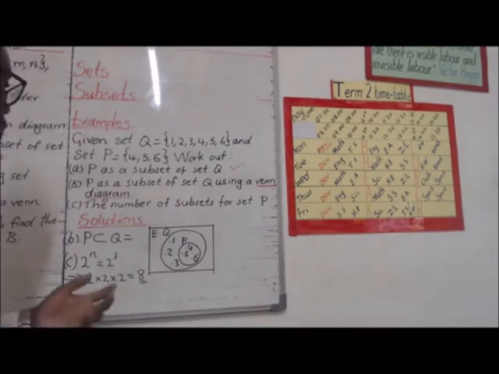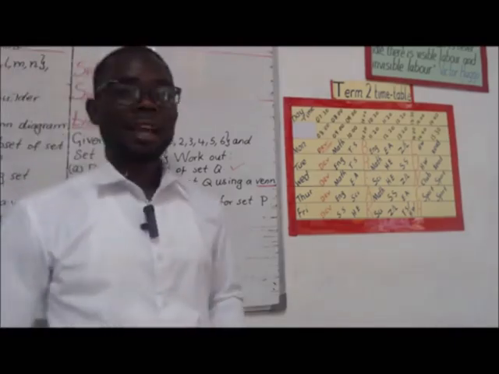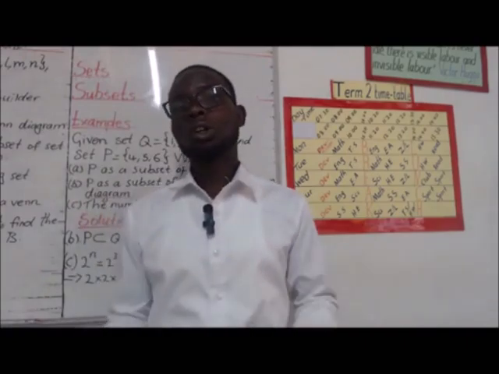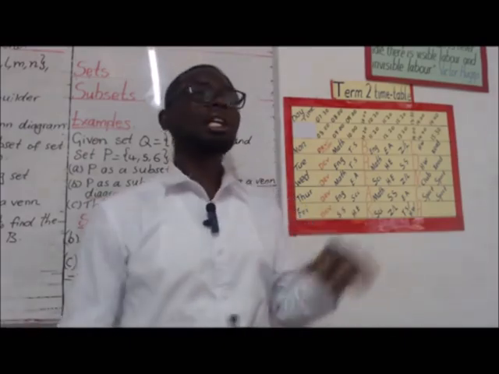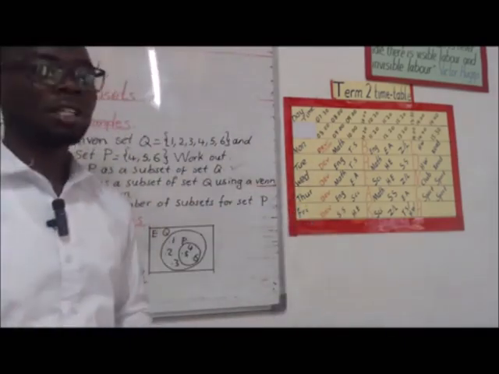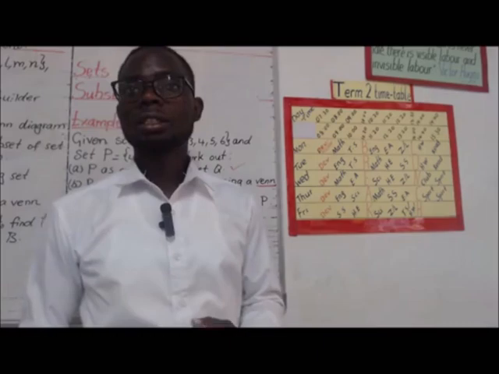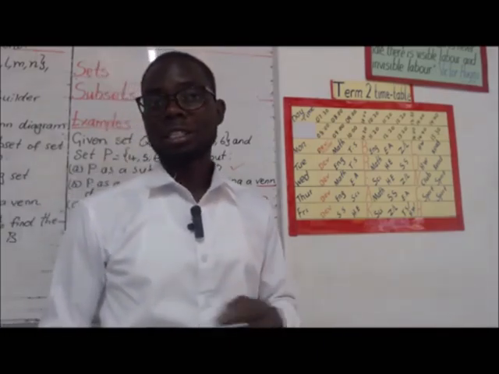We were interested in finding the number of subsets in the given set and how to draw a subset using the Venn diagram, and we have shown that from the examples on the board. In closing, so far we have learned three things in sets.